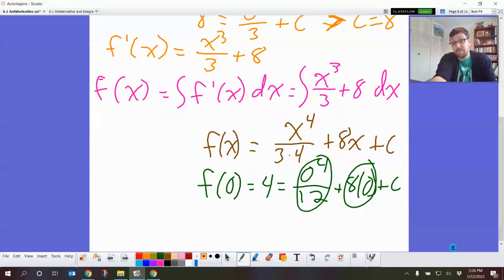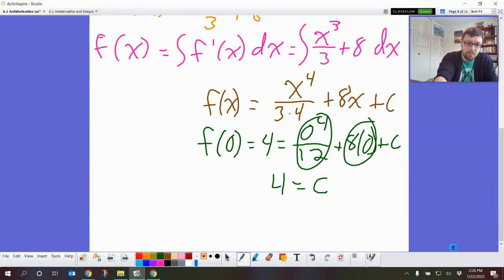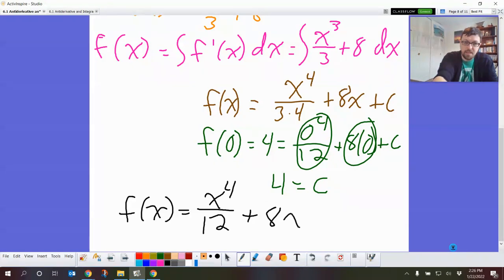So 0 plus c equals 4. I'm pretty sure that 4 equals c. So our original function was f of x equals x to the 4 over 12 plus 8x plus 4. And you could check that by taking the derivative of that 2 times, and you should end up back with x squared.